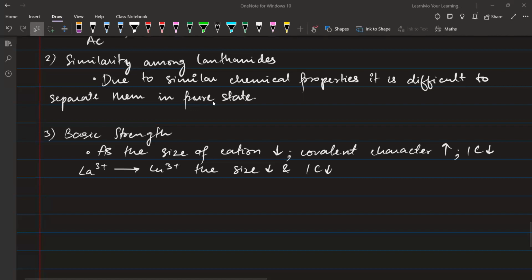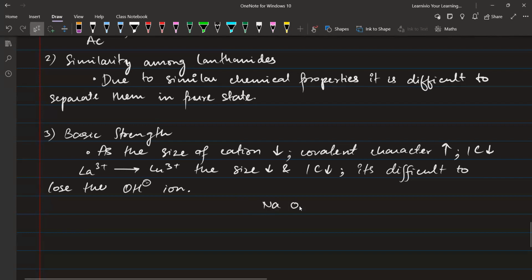Now, when the ionic character decreases, it becomes very difficult to break off the OH negative ion. As the ionic character decreases, it is difficult to lose the OH negative ion. For example, if I have NaOH, then directly we have Na positive and OH negative, which is already dissociated.